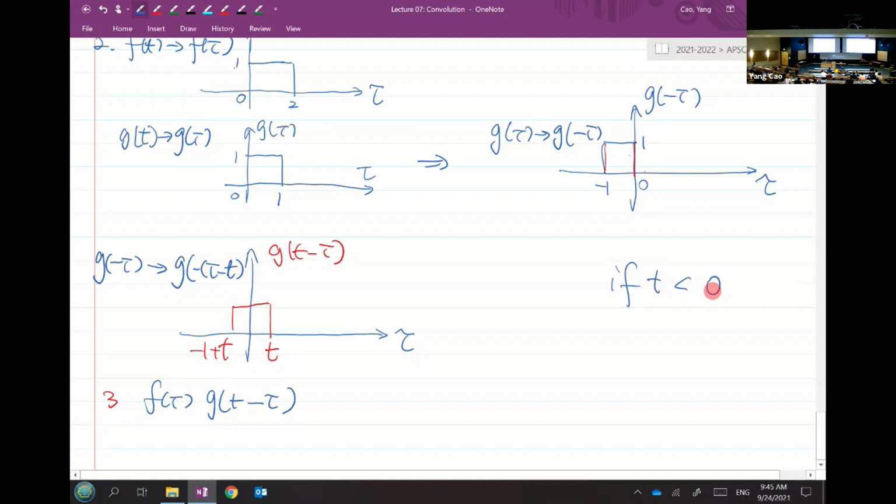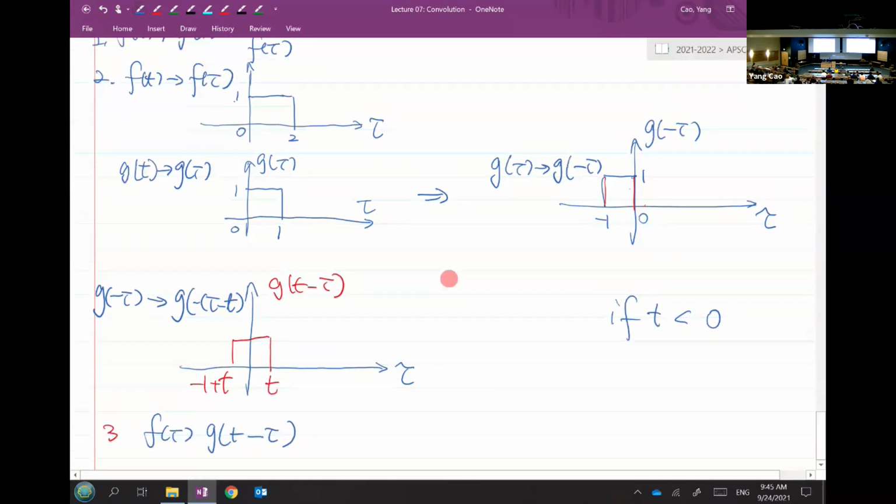If t is less than 0, you're shifting this graph by a negative value. Negative value means instead of shifting to the right, this graph actually goes to the left, right? So if this graph goes to the left, then you have a box basically over here, and then you're multiplying the two graphs. You multiply this graph with whatever result you plotted here.